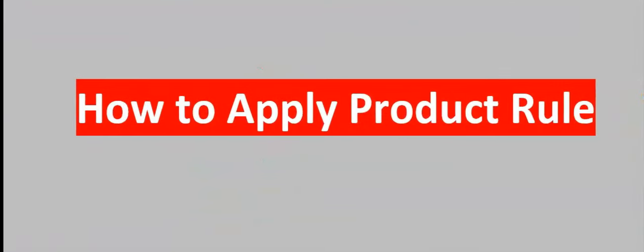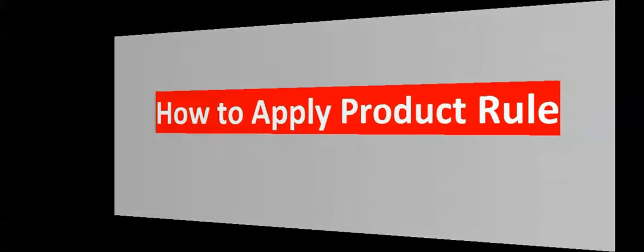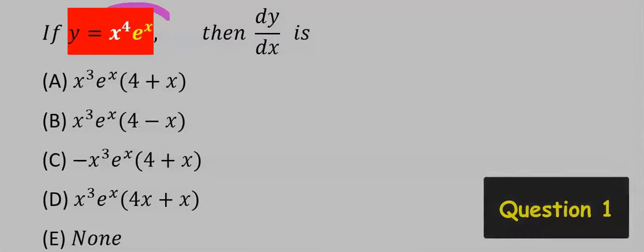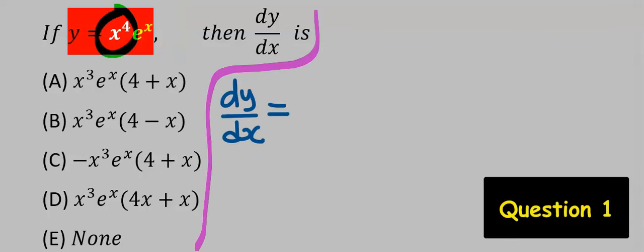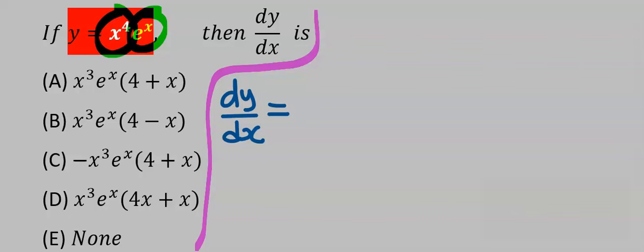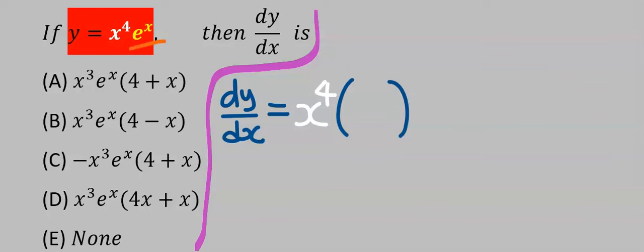Let's go back to the question and see how to apply product rule. Let's find the derivative of this function. In this question, we got two functions put together. I will keep x to the power of 4 constant. Then I'm going to differentiate exponential x.